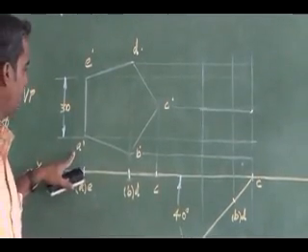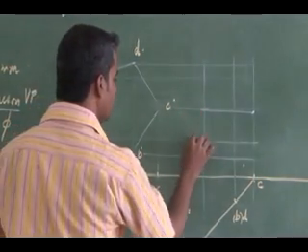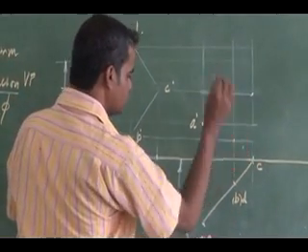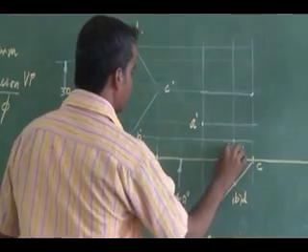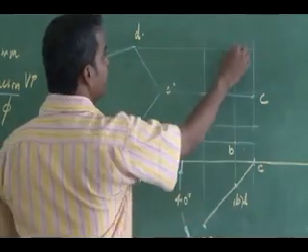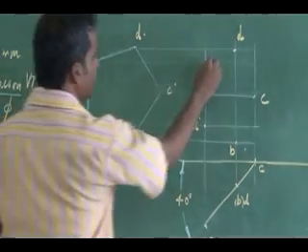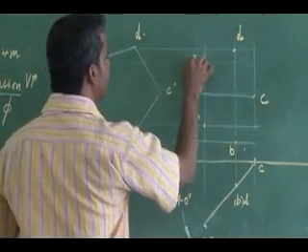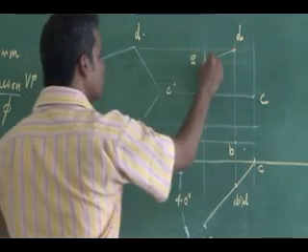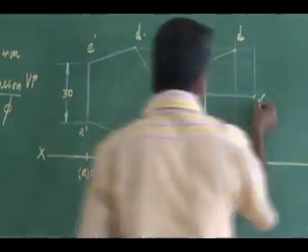Here I have A. So A to A, where it meets that projector, is going to be my A dash. B to B I have here, and this is going to be my B dash, C dash. D to D I have, this is D dash. E I have here. If I join this, it is my final front view.